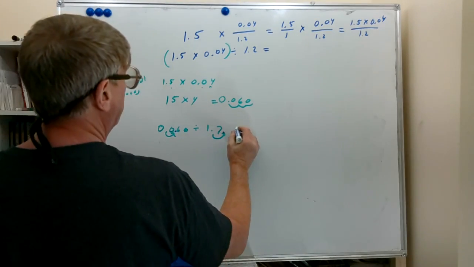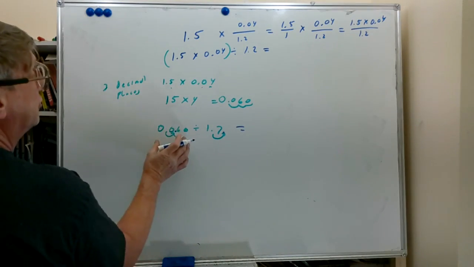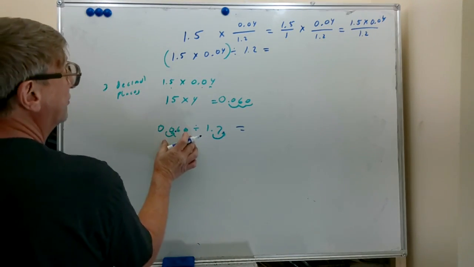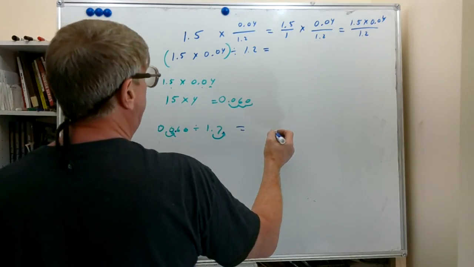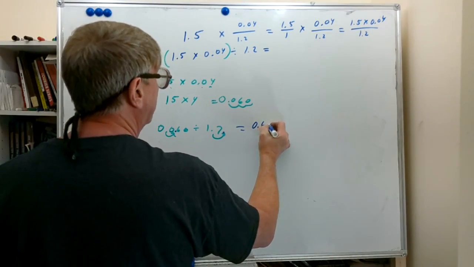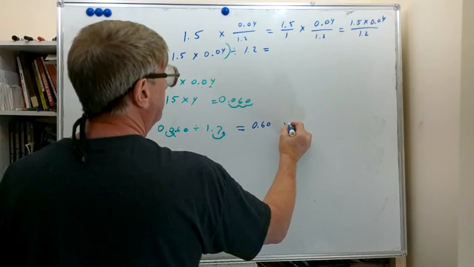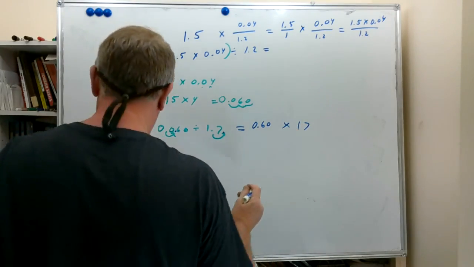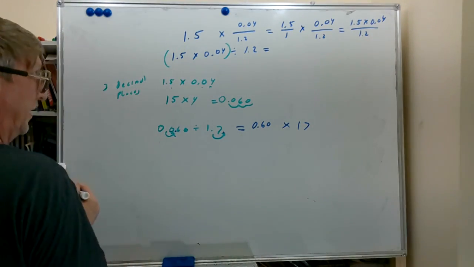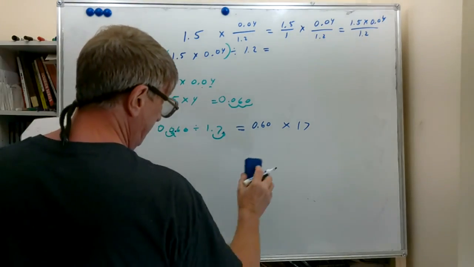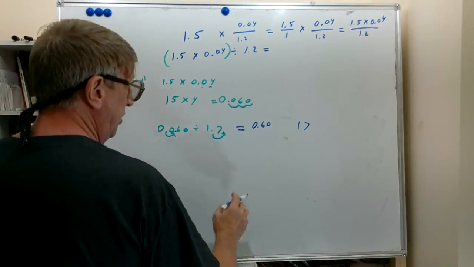So instead of 0.060 divided by 1.2, we now have 0.60 divided by 12. Oh, that's divided by, excuse me. We're still dividing, we're not multiplying.